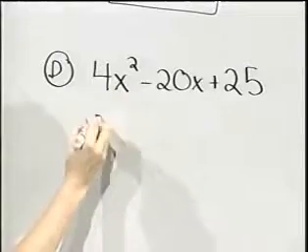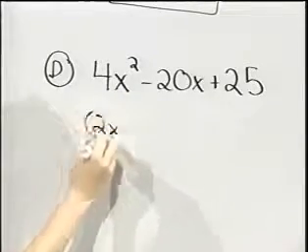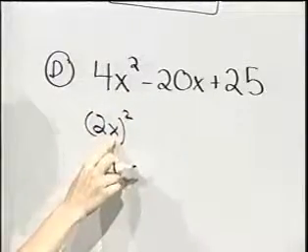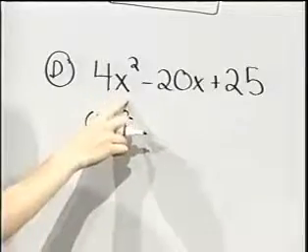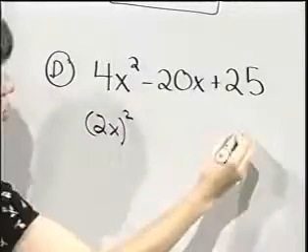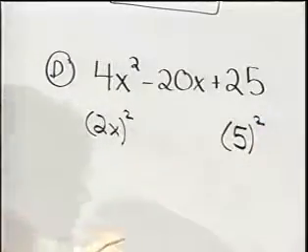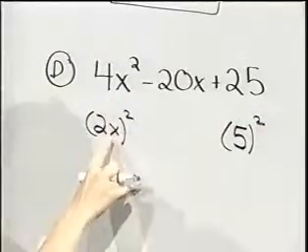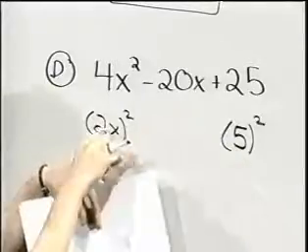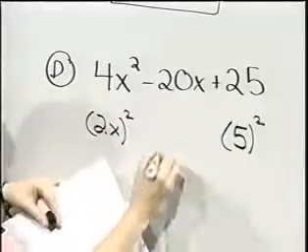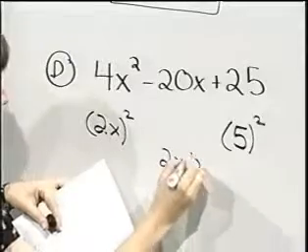If you take 2x squared, you get 4x squared. If you take 5 squared, you get 25. So this term and this term are both squares. 2x and 5. Let me put 2x and 5.